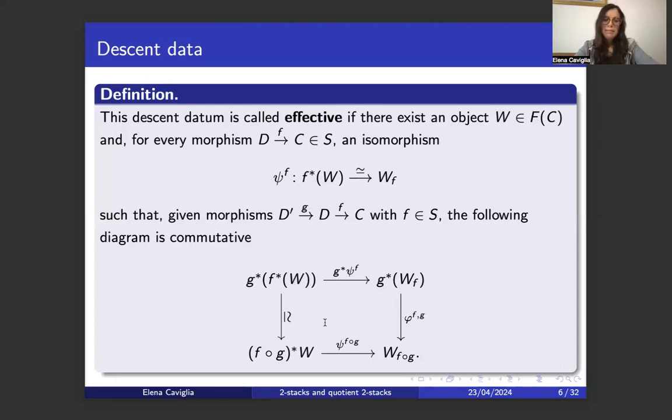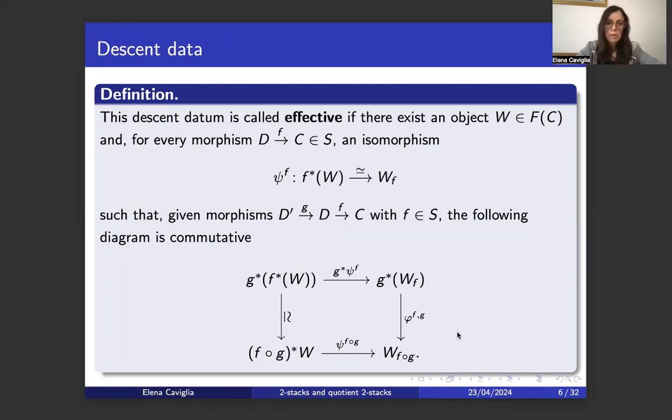But, and again, this isomorphism on the left is a canonical isomorphism given by the pseudo-functoriality of F. And we can think of this condition as the cocycle condition when the morphism F, the one in the sieve, is the identity of C, even if this is not an actual cocycle condition, but that's the idea.